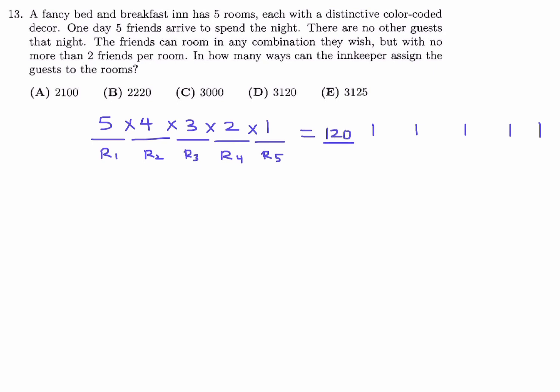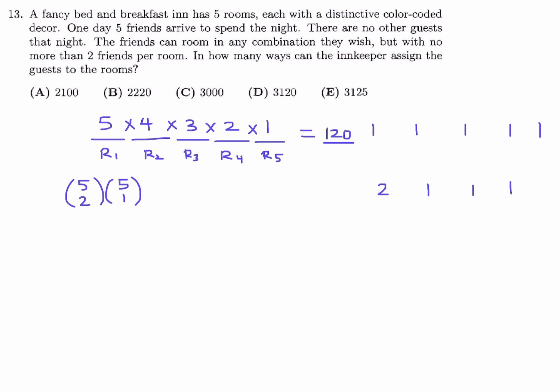The other way of doing it is 2 friends in one room, and then 1, 1, 1, like that. So let's talk about this one now. So from the 5 friends, we have to choose 2. These 2 that are going to be in the same room. And then from the 5 rooms, we have to choose 1 to place those 2 friends in. All right.